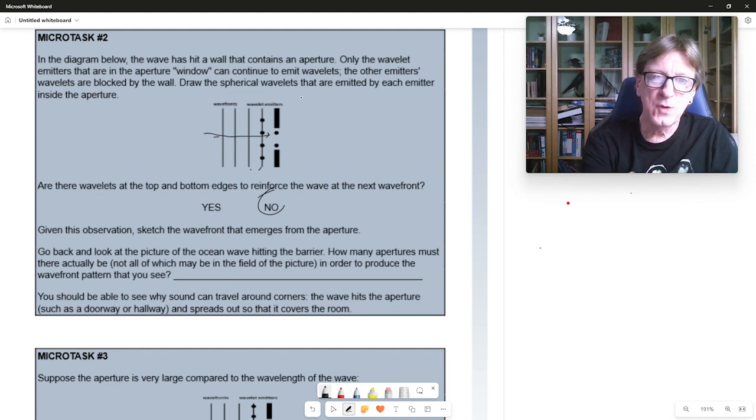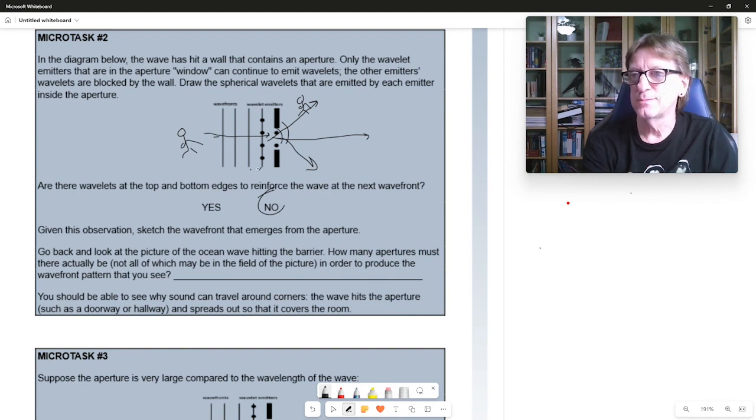If you were standing over here and that sound wave were a ray that just kept going straight through, it would never reach your ears. You would never hear it. But we now see that, because of these spherical wavelets, the sound bends this way and this way. And that's why, even though the person talking maybe was over here, you can hear it around the corner. And this effect is called diffraction.